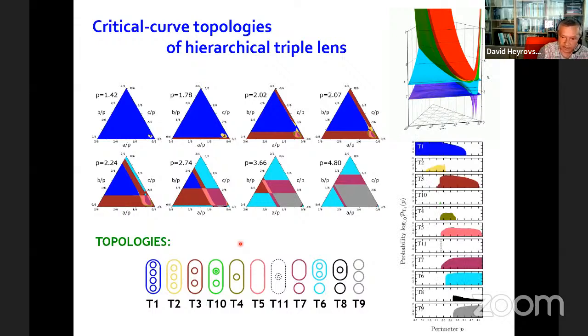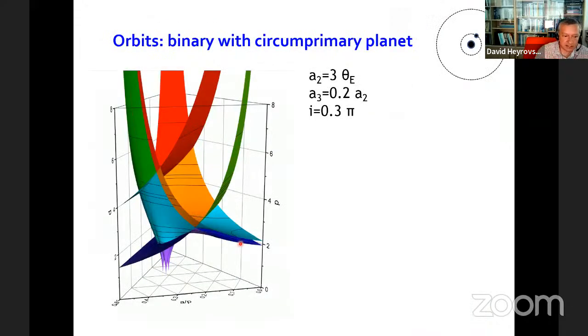Again, you can look at the probabilities, but let's look at the final thing I wanted to show. What I showed so far was a static configuration for the triple lens, but of course, whether it be one planet and binary or two planets or a star with a planet with a moon, it's highly probable that during the course of the weeks or months of the microlensing event, you will have orbital motion.